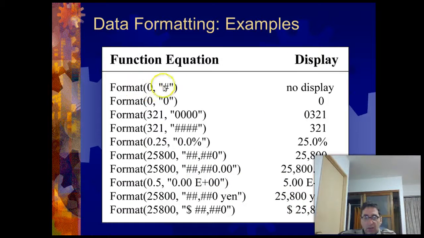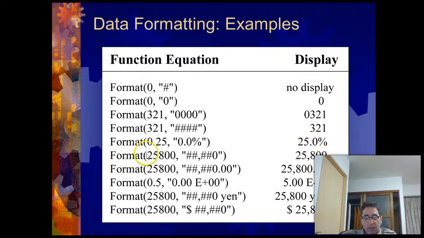So, for example, if you want just to display 0, you'd use this and this. This is the value, and this is the type of formatting. Here's the value for 321. If you use this formatting, you'll get a 0 at the beginning. If you use this formatting, you won't get the 0 at the beginning. If you want to format this as a percentage with 1 decimal point, put percentage here, and you get something like this.